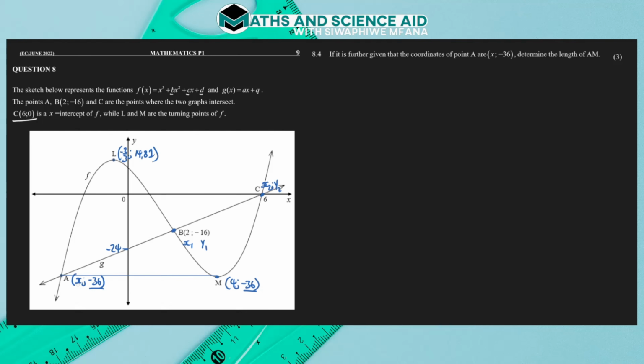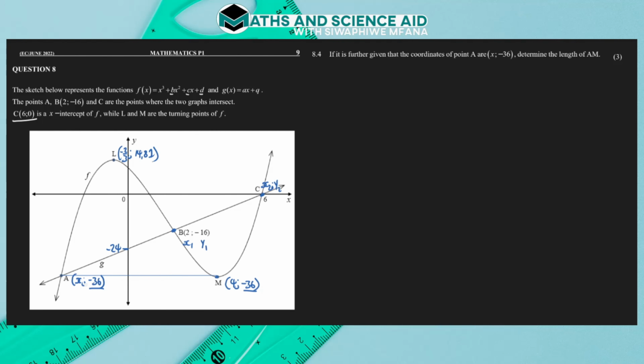However, it would be way easier and more convenient for us to use the equation of G, since G is a linear function, as opposed to using a cubic polynomial function, which would make the calculation a little bit complex.